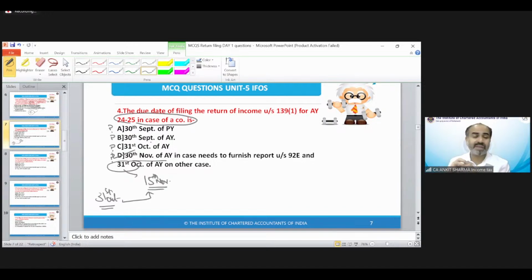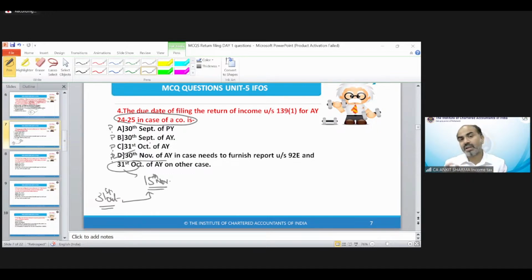But suppose that company falls under the transfer pricing provision, we do not know about that company. Whatever information is given in the question, does that company fall under transfer pricing provision or not? If it is not mentioned, generally in an MCQ we need to opt for the most accurate answer. If we are not able to find an exclusive answer among the choices, then we have to opt for the answer which covers more conditions.